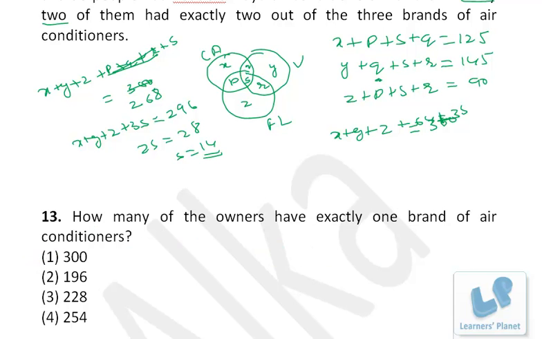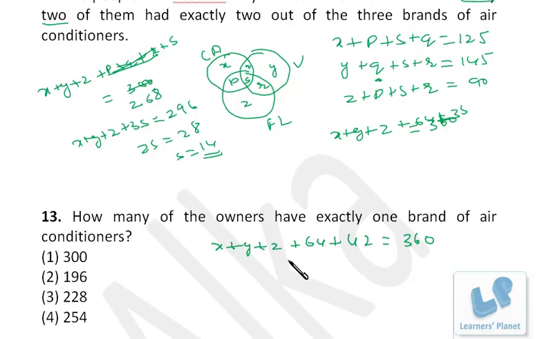Okay. Now, how many of the owners have exactly one brand of air conditioner? That means we have to find out X plus Y plus Z. Now, if we add all these three equations, we have already written X plus Y plus Z plus 2 times P, 2 times Q, 2 times R. That's 64 plus 3 times S, that is 42, and the complete total is 125 plus 145 plus 90.